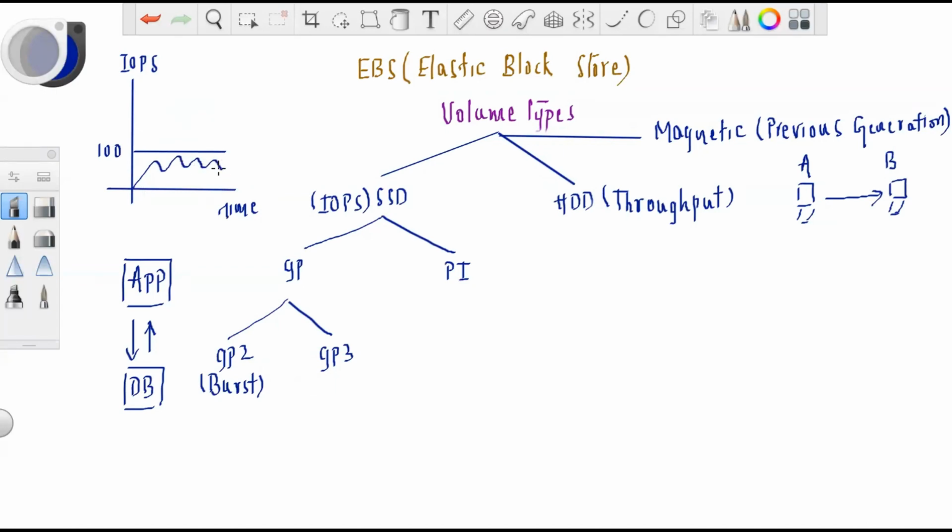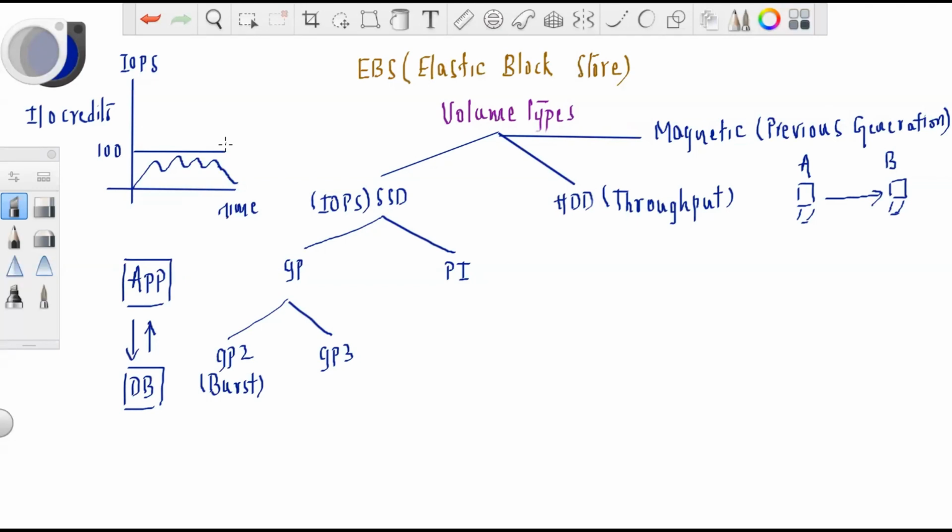Now, GP2 volumes come with an ability to burst, which is governed by I/O credits. When the volume is not utilized, or in inactivity, the EBS volume accumulates the I/O credits. So it will save up a few credits when you are not using the volume. And when your workload demands more performance than the baseline, the volume can use these accumulated credits to provide additional IOPS for a limited time.